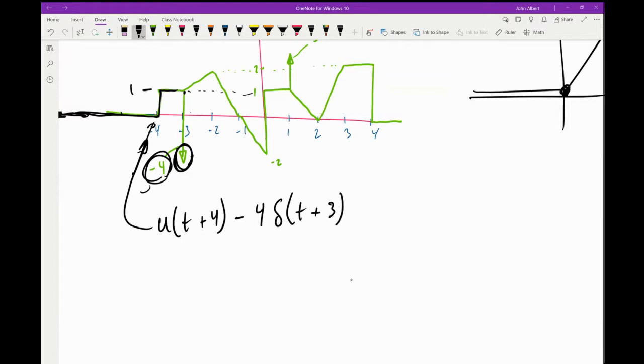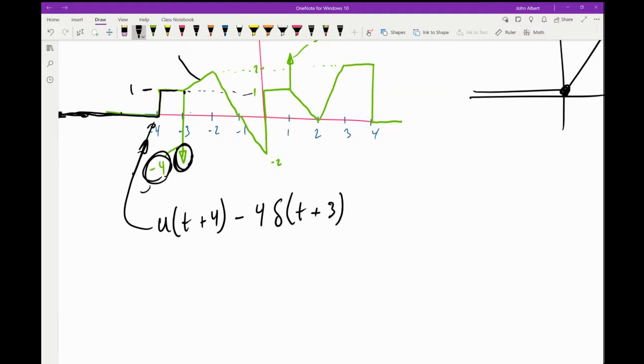But something else also happens here. If I only had the delta, I would continue at 1 forever. But at t equal to minus 3, suddenly the slope also changed, from a slope of 0 to a new slope. How can I find the slope? It is y2 minus y1 over x2 minus x1.